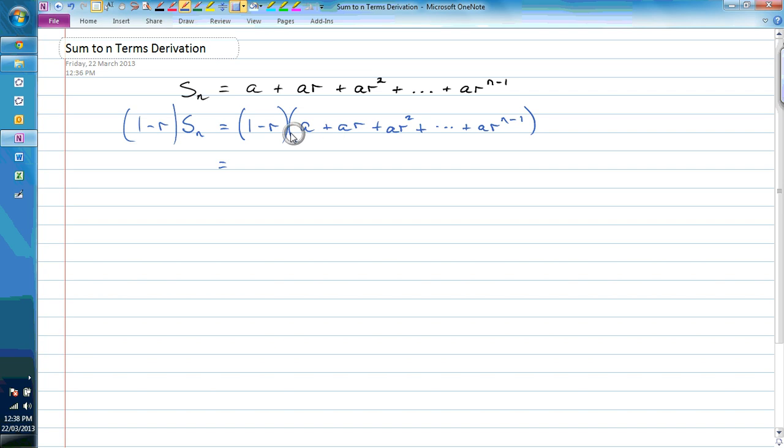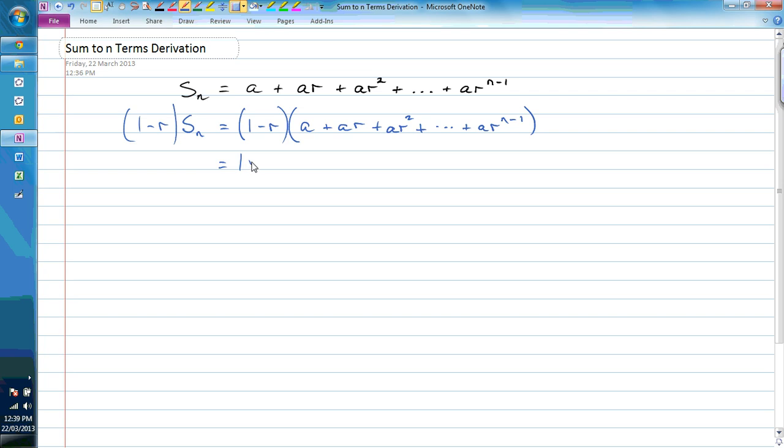Now, that's a bit hard to get your head around when you've got this massive long bracket here, but the process is going to be the same as for any sort of binomial expansion that we did earlier. I'm going to break it into two steps though to help us out. So the first thing I need to do is go 1 times this whole bracket.